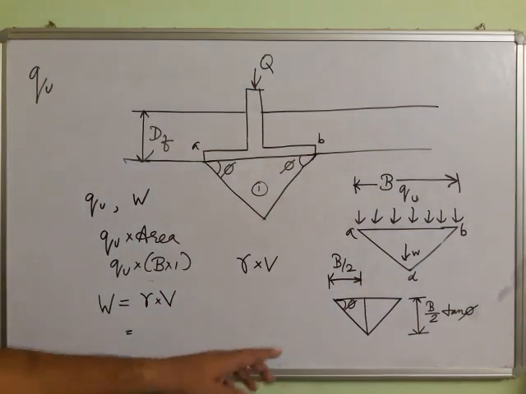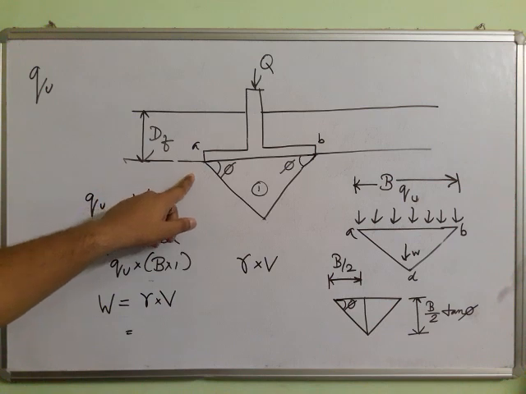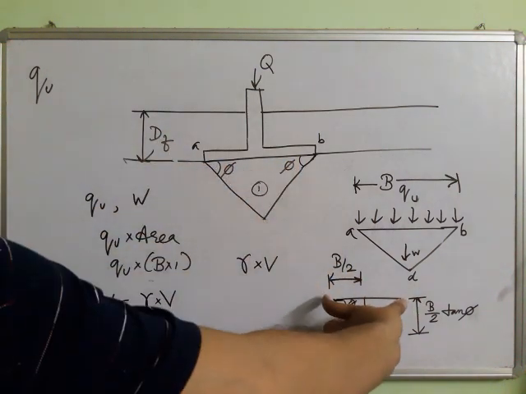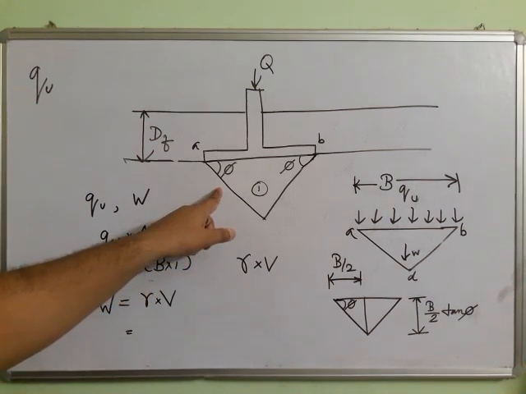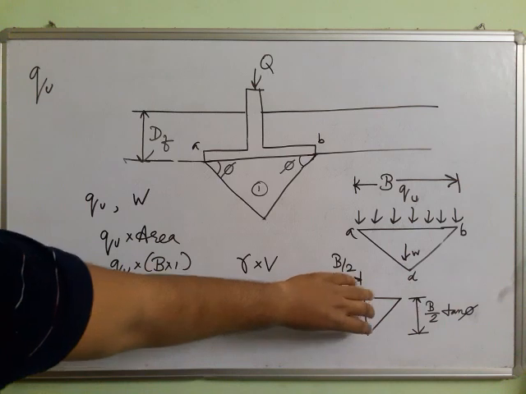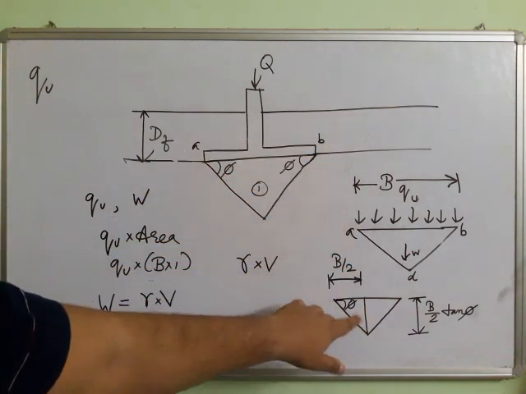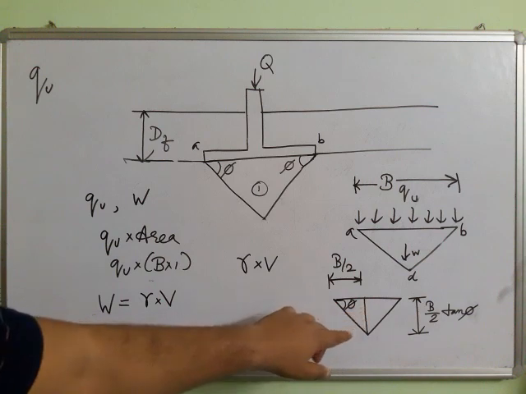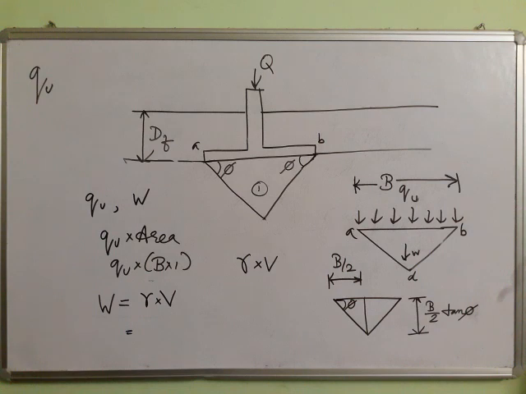You see, if we consider this triangle, then in this triangle the width is b, so half of it will be b by 2. Then this is phi, which we told you is the angle of internal friction. If we consider trigonometry, this portion will be b by 2 tan phi.